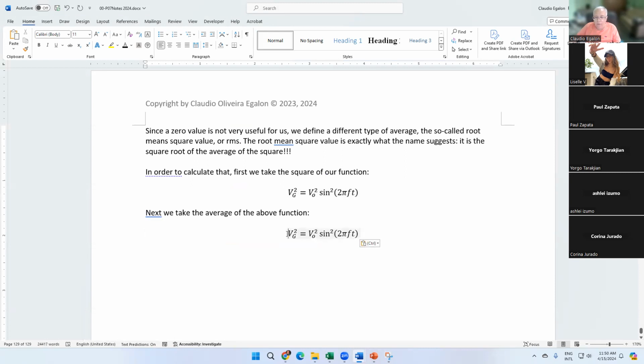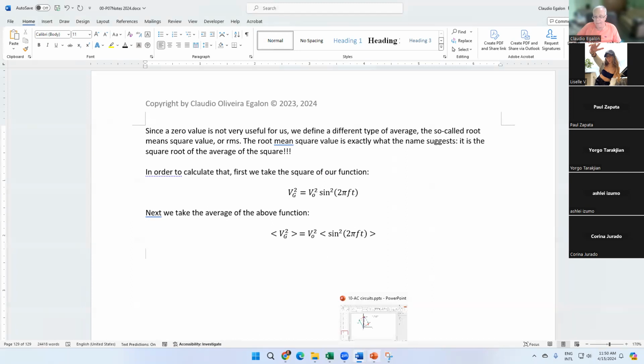And the symbol for the average is the pointy bracket, this pointy bracket here. That's the symbol of an average. We usually use that. And I'm going to put the pointy bracket here as well, like that.